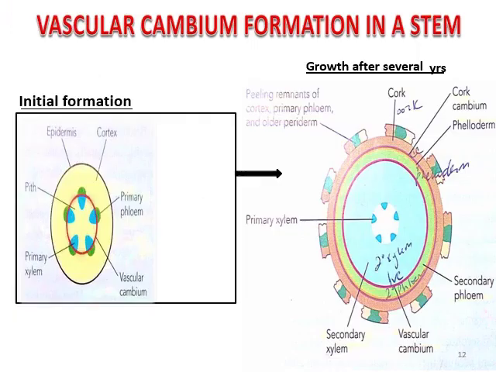So, as the vascular cambium plays an important role in secondary growth, the secondary growth in dicot stem begins when the vascular cambium cells arise from a basic meristematic cell, that is procambium, also called residual procambium.